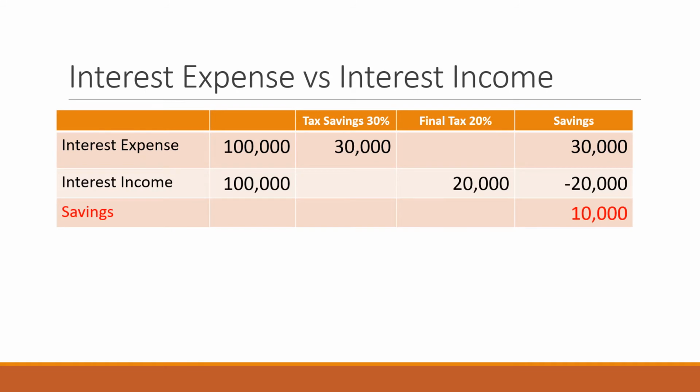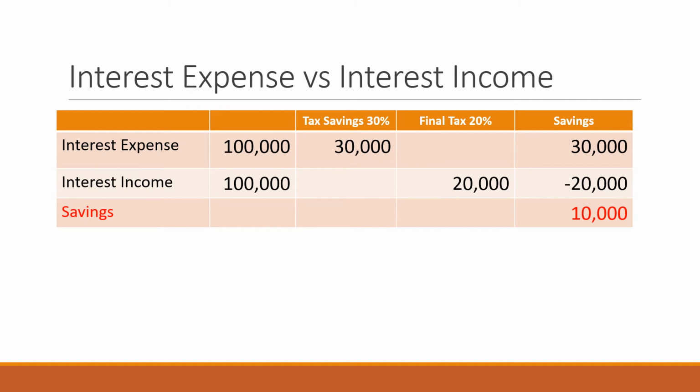May mga negosyante na nag-a-avail ng loan from financing institutions. Same loan na in-avail nila ay ini-invest nila to another financing institution that earns interest. Let us assume that the loan incurred interest expense of 100,000. At the same time, the same loan na in-invest ay nag-earn ng interest income na 100,000.